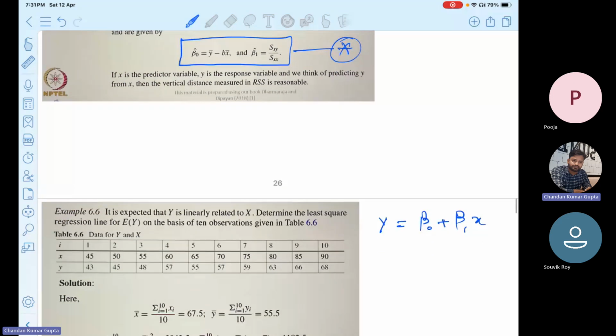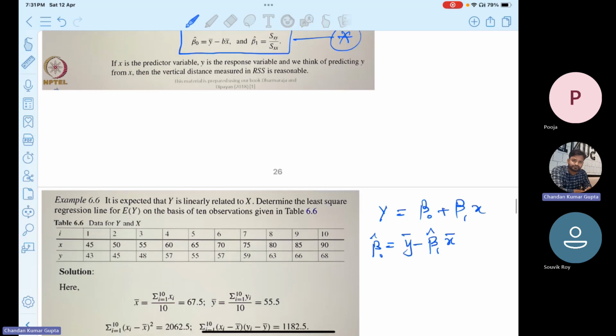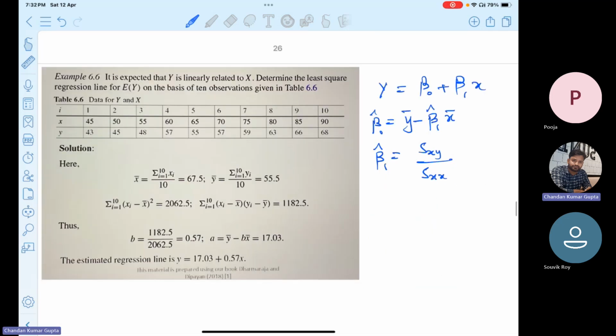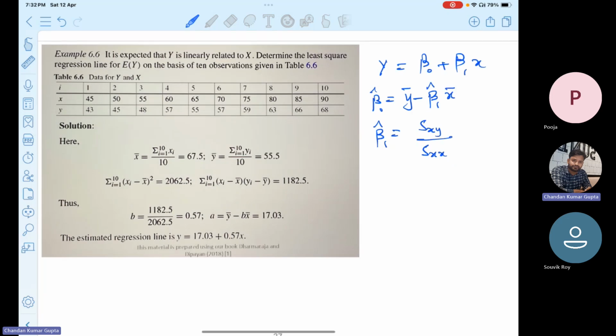So beta naught cap is y bar minus beta 1 cap x bar, and beta 1 cap is sxy upon sxx. This quantity is sxy and this quantity is sxx.